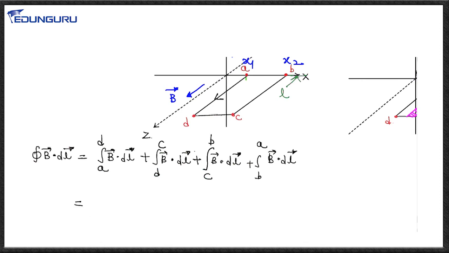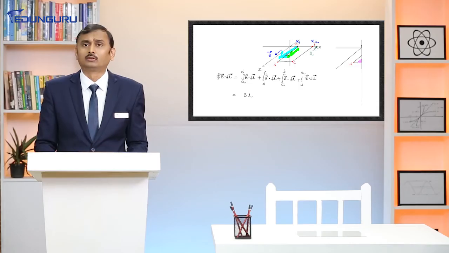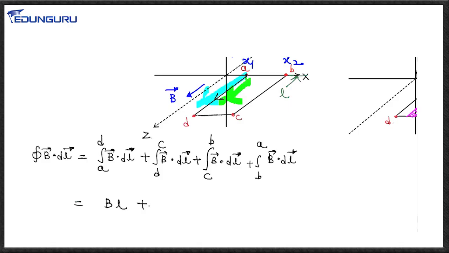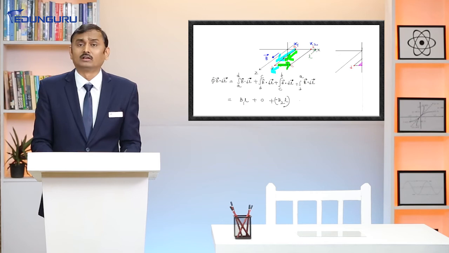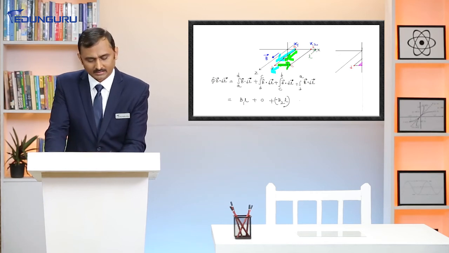Now, this A to D term will be B dot L, because both the magnetic field as well as the length are parallel to each other. This term will be equal to 0 because the magnetic field is at 90 degrees with the length. From C to B, let us write this as B1, this is B2 L with minus sign here, because the angle between B and dl is 180 degrees.